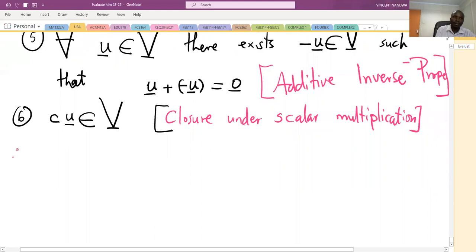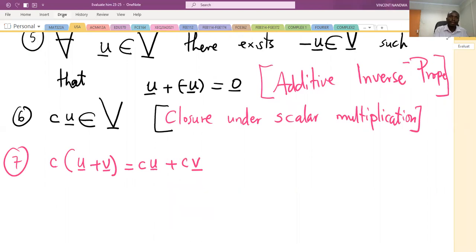And then number 7, if I pick a scalar, I multiply by the sum of two vectors U and V, then the same as CU plus CV. This is called distributive property.